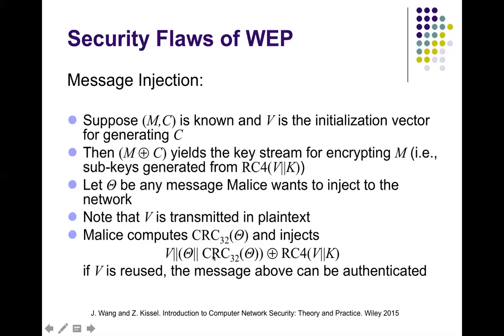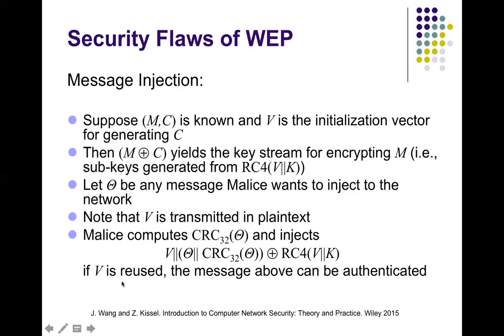And you attach the CRC32 of the data and attach these, ARC4 of V containing K. Now remember, this is obtained by doing this operation. Okay, so then you get that.